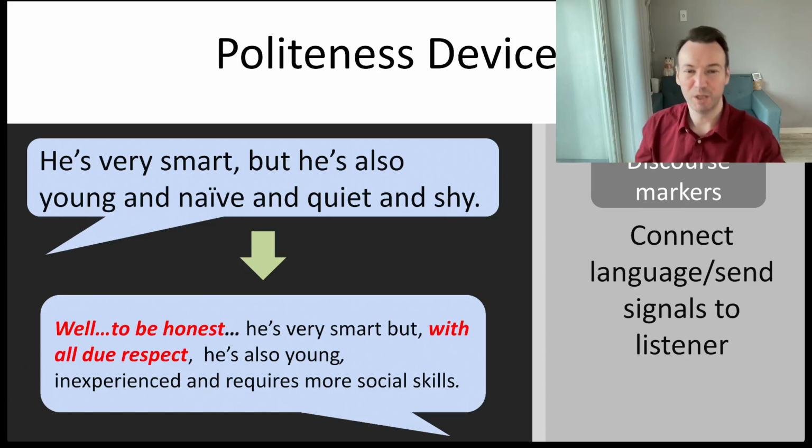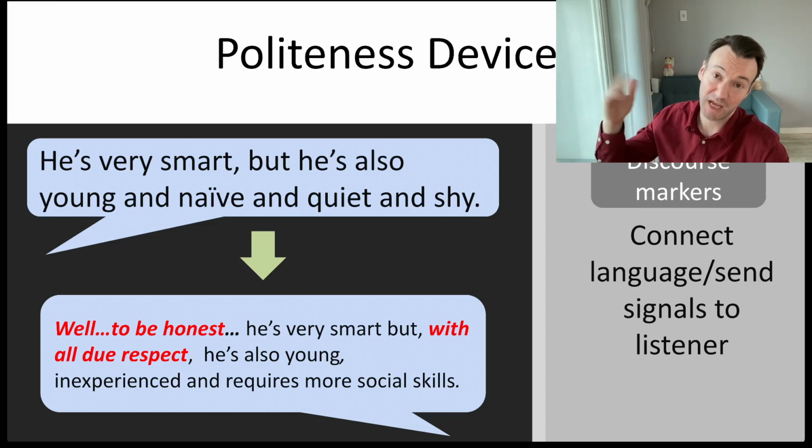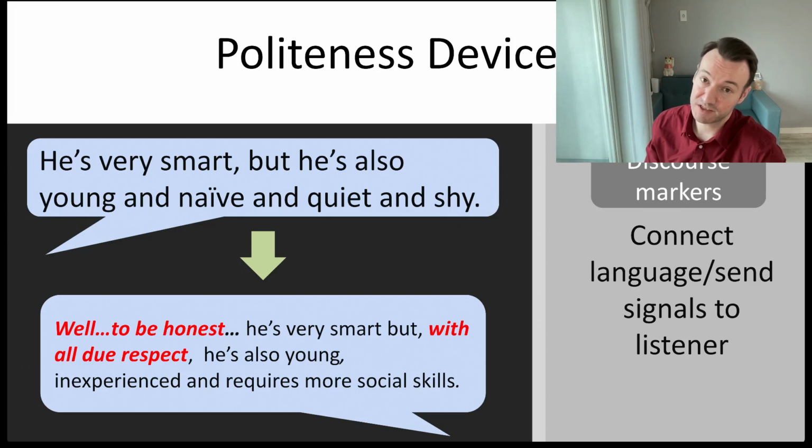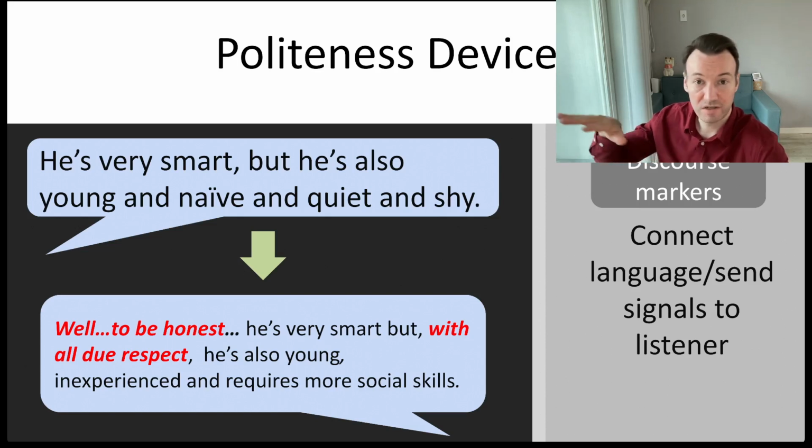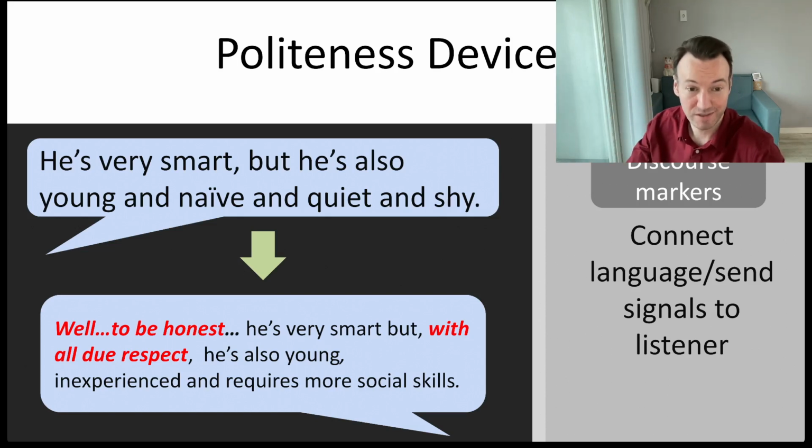He's very smart, but with all due respect. So what this is signaling is the other person has a higher status to you. So the person you are speaking to has a higher status. Usually this kind of language is used in a professional situation. So probably speaking to a boss or a superior of some kind.